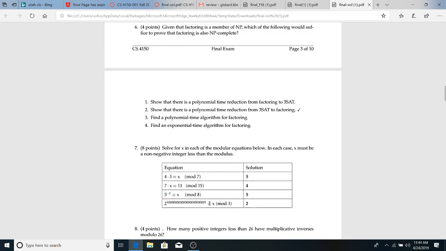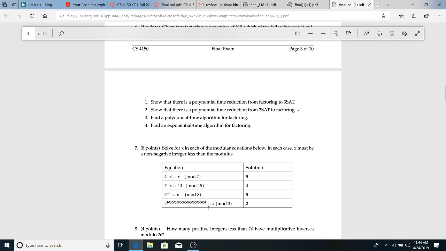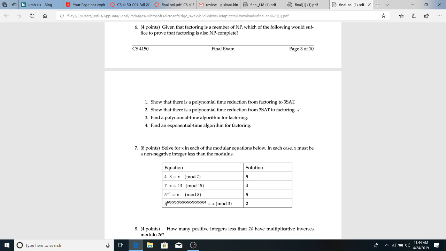Usually if you see a problem like this, the answer is probably going to be 1 or -1. Now you just have to figure out which one it is. 2 is the same as -1 mod 3, so -1 to some giant even power will be 1. And so we'll have 1 left over.